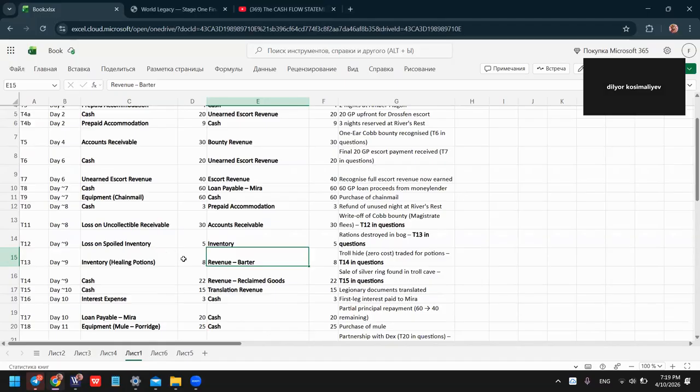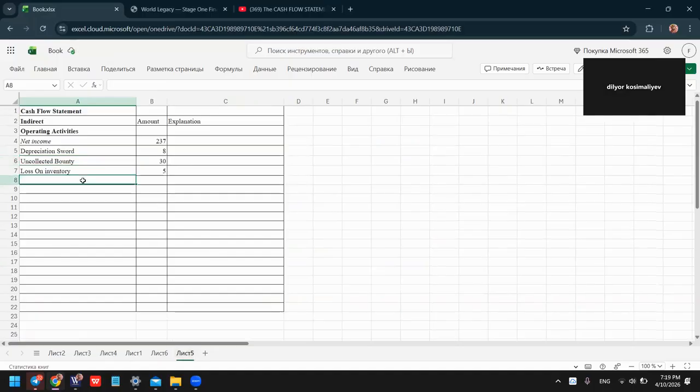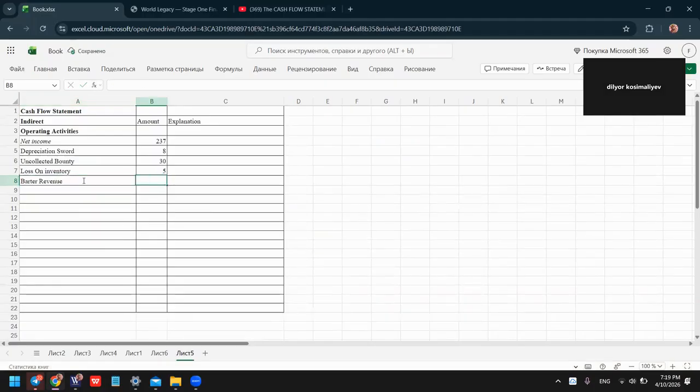It was just value, which was more in 8 golden pieces, but not in the cash itself. And it was traded for potions, as it's written here, not for cash. That's why we should not record it as a profit. Barter revenue, we can say, -8.